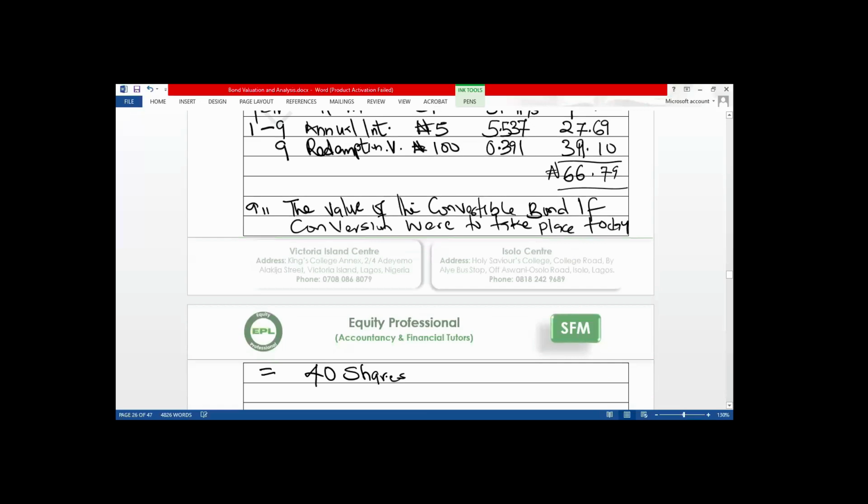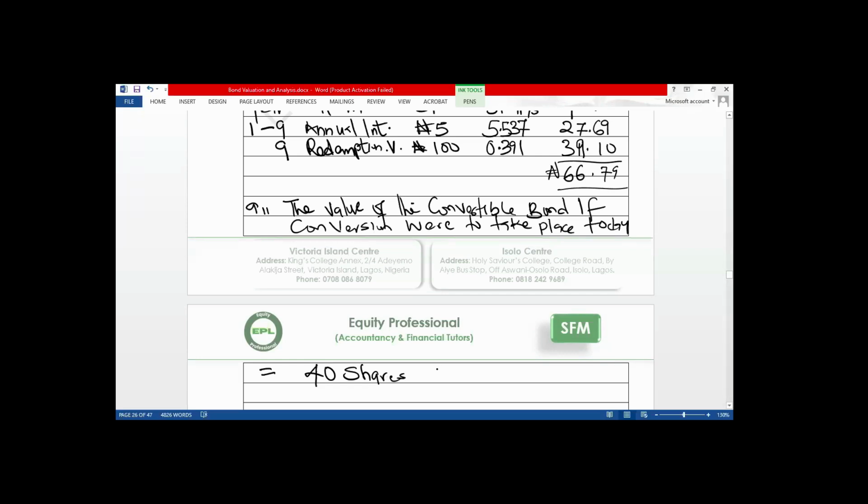Now check the question. What is the price per share as of today? 1 naira 60 kobo. So you can convert a bond to 40 shares, and price per share is 1 naira 60 kobo.